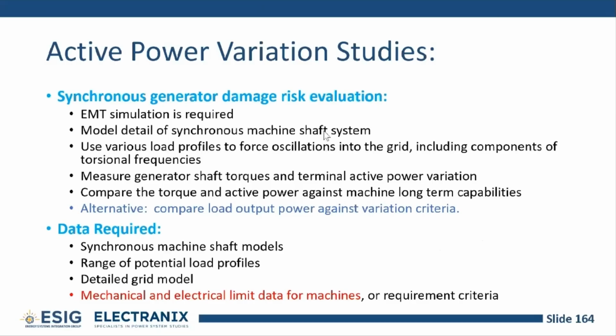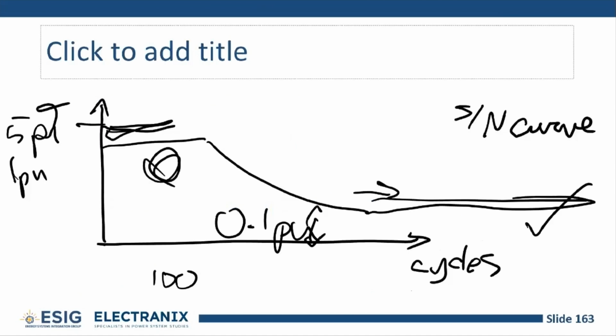You basically only need the bottom part of it. If the torques measured on your shaft are underneath that when driven by all these different oscillations, you should be fine. You have to be careful with the translation from electrical to mechanical.